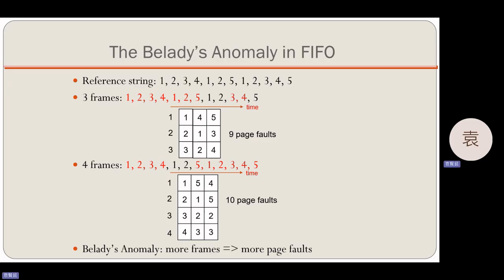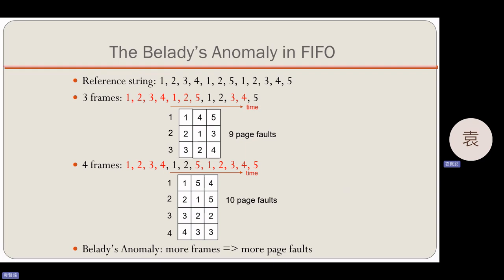In general, if we assign more physical frames to a particular process, intuitively the number of page faults that occur should be less than for the same process, with the same reference sequence, with fewer physical frames.